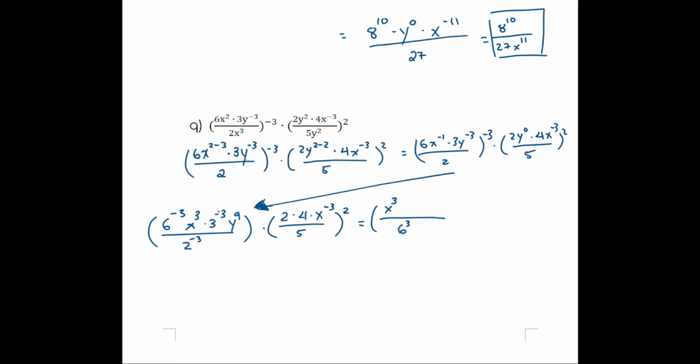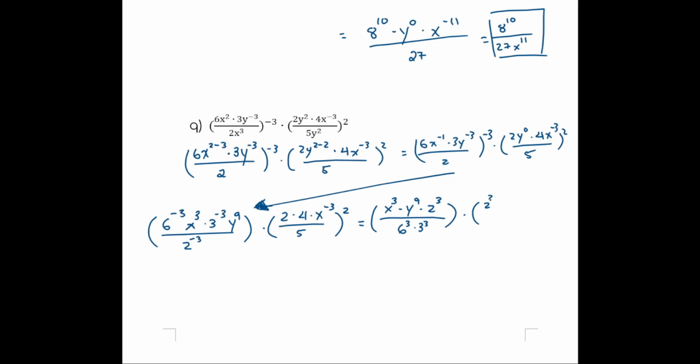Here we have another negative exponent, let's put that down to the bottom here. And y to the 9 is going to stay up here. And here we've got 2 to the minus 3, a negative exponent. Bring that up, flip its exponent to a positive, so 2 to the 3, not 2 to the 0. Positive 3.